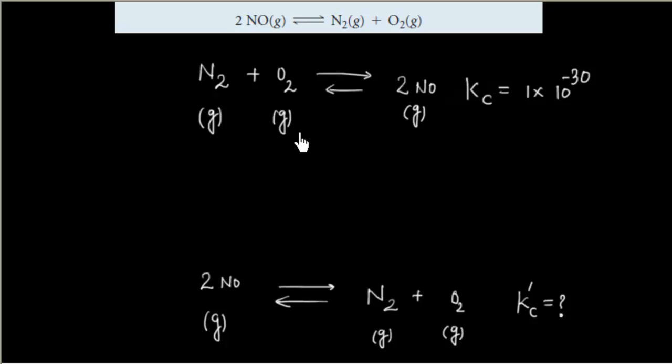If you write the equilibrium constant expression for this reaction, we have Kc equals the product raised to the power of the corresponding coefficient divided by the reactant.